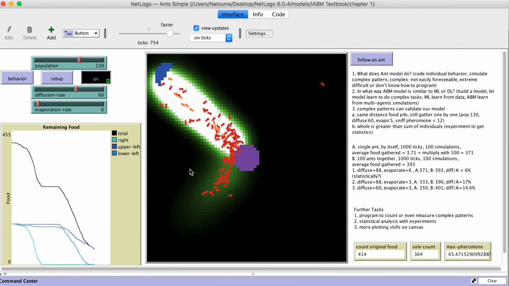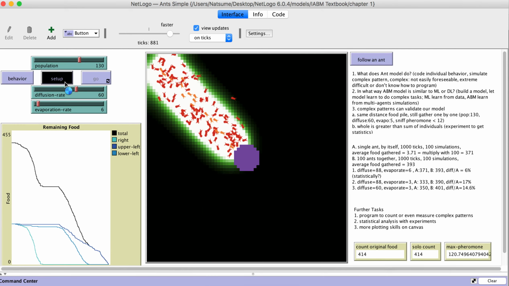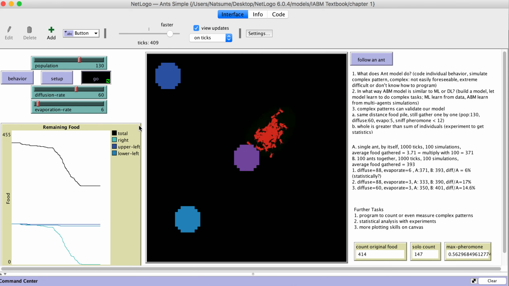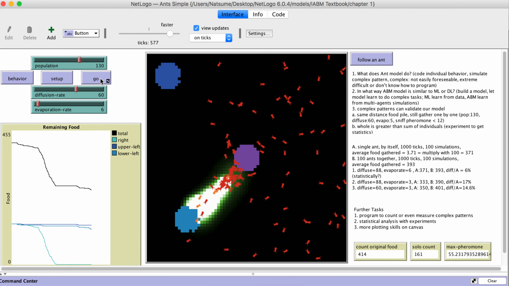Okay, almost finished at the same time. Okay. So we would assume with the same amounts and the same distance, the ant colony will try to gather these two piles at the same time.